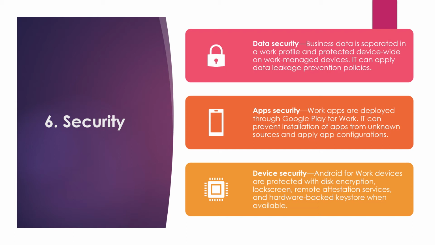IT companies that manage these devices can apply data leakage prevention policies, or data theft prevention, remotely. They can enable policies only on this work profile, where their data is always safe and no one can access or steal it.